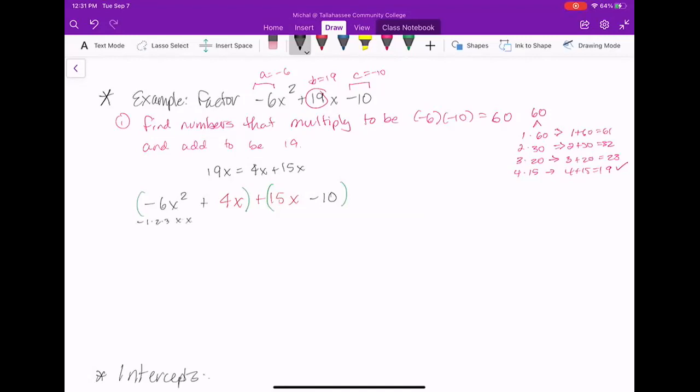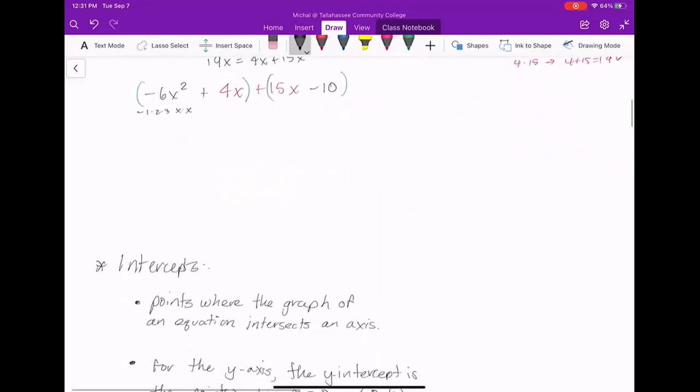And the factors that make up 4x are 2 times 2 times x. So the greatest common factor here is going to be an x and a 2. Those are the common factors that are in both of them.